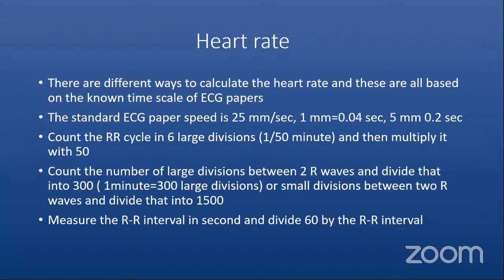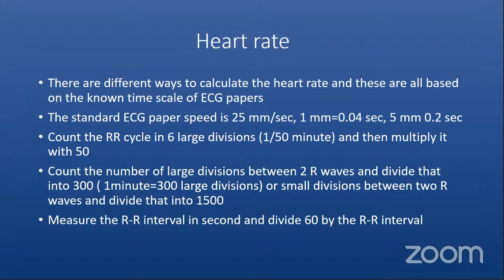One simple way is to count the number of large divisions. If two R waves are falling in adjacent large boxes, the rate will be about 300, because in 1 minute the ECG paper runs 1500 millimeters, and one large box is 5 millimeters.